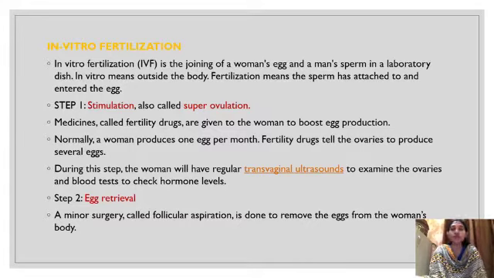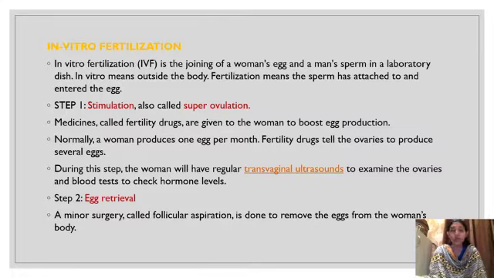To induce superovulation, medicines called fertility drugs are given to women to boost their egg production or their gamete production. We know that every month only one of the ovaries synthesizes one of the eggs. Alternately, the two ovaries take part in the cycle.